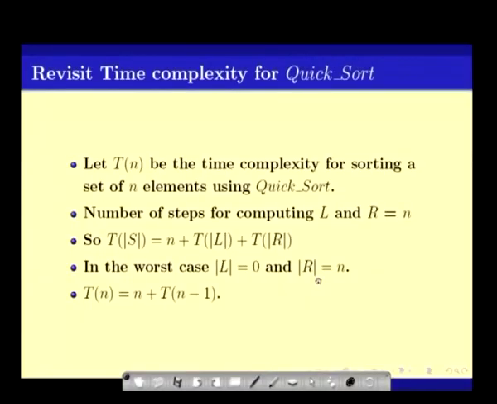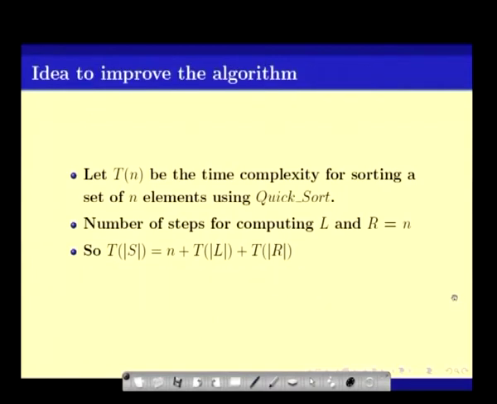But if somehow we could have picked some pivot such that the size of L would be around the same as the size of R, so the worst case will not occur, then we are in a better shape.